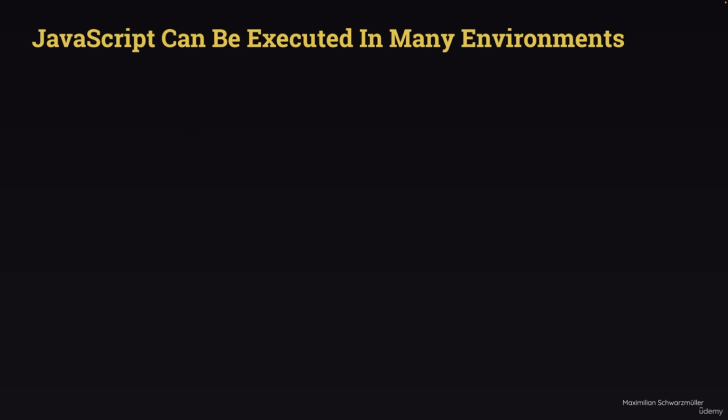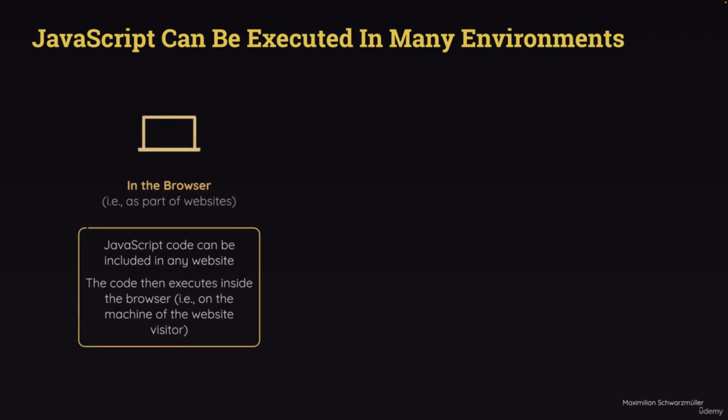So let's start by revisiting certain crucial core concepts and things you should know about JavaScript. For example, that JavaScript can be executed in many different environments. For example, of course, the browser. That's where JavaScript originated. In the end, that's what it was built for back in the 90s.